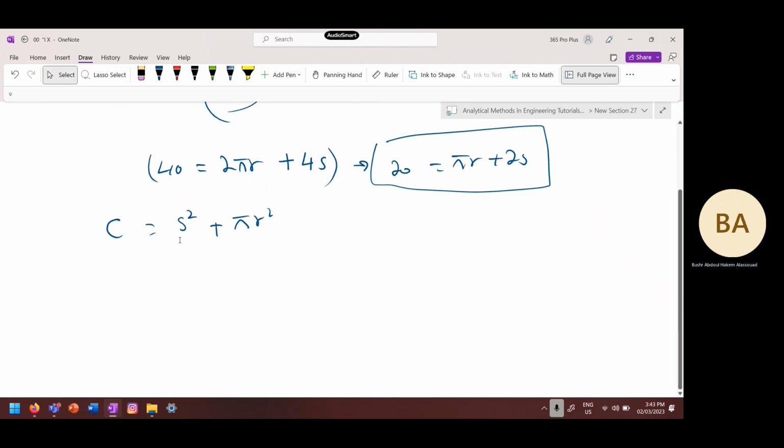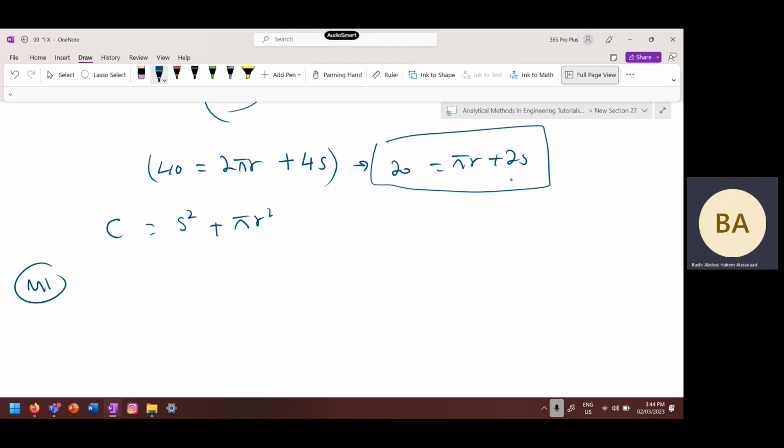Okay. Now we will use the substitution method, method 1. The substitution method means that we will use one of these variables as our main variable. So I will choose s. Personal preference, you can choose r, it depends on you. So you have s equals 20 minus pi r over 2.